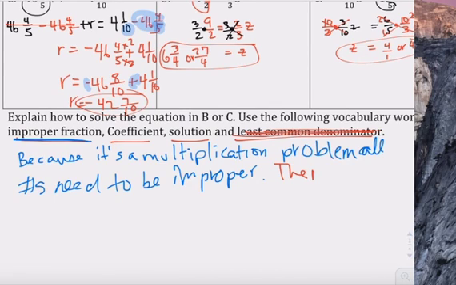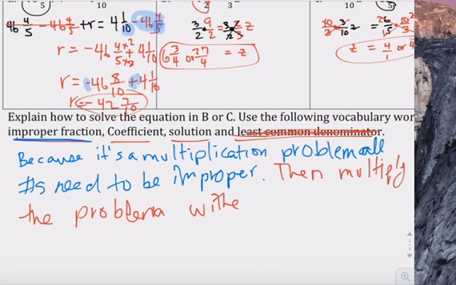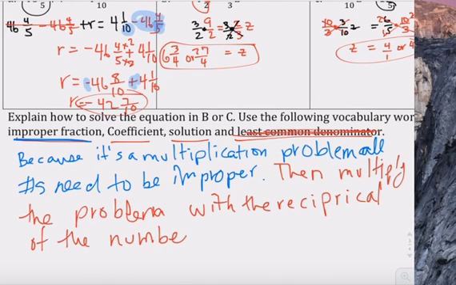Then multiply the problem with the reciprocal of the number attached to the variable.